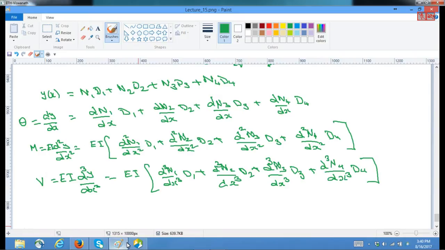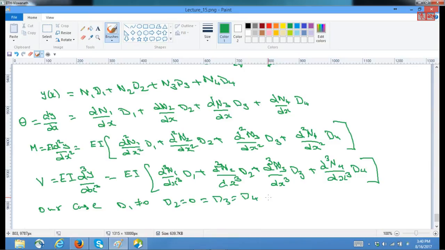Now in our case, D1 is not equal to 0, but D2 equals 0 equals D3 equals D4. All the other degrees of freedom are 0.